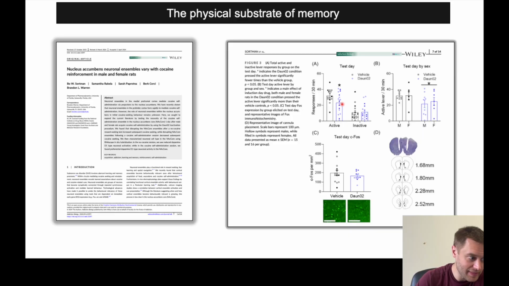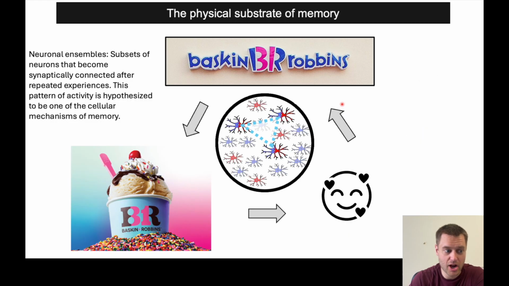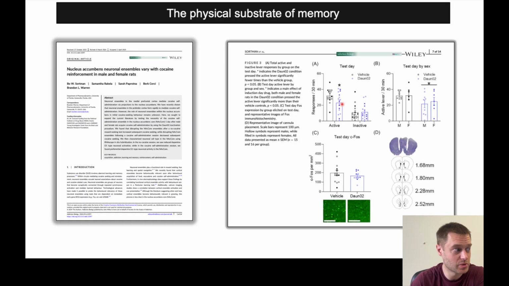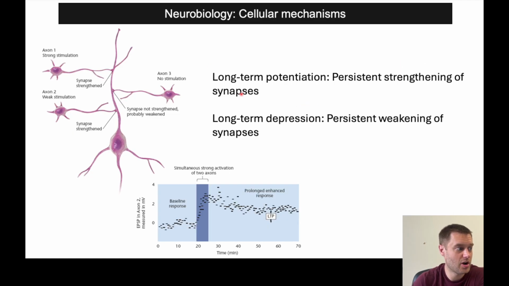So this is a pretty hot topic in the neuroscience and behavioral neuroscience of learning and memory, and so a lot of people are now studying neuronal ensembles. So it's not even in the textbook yet. It's fresh off the presses.